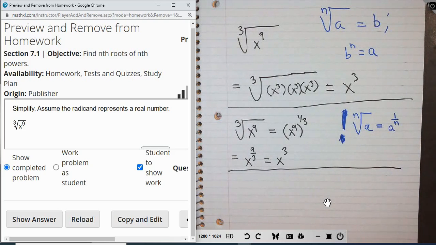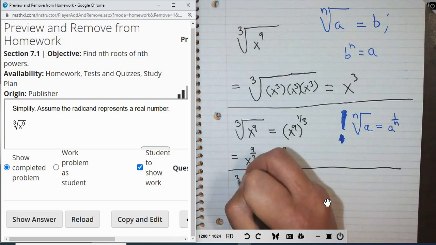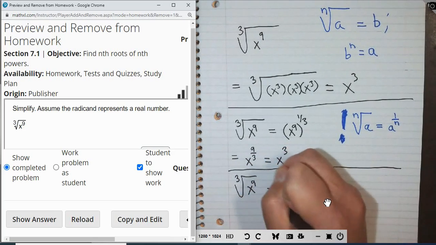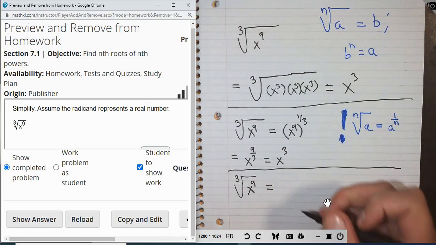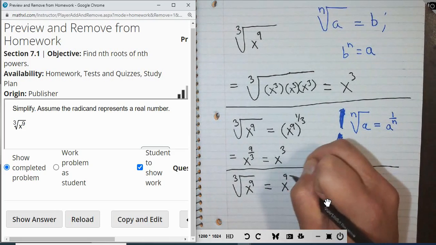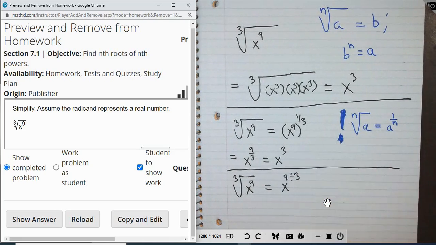That brings us to another way to think about this. In a situation similar to this, notice that what we did was divide the exponent of the variable underneath the radical sign by the index.